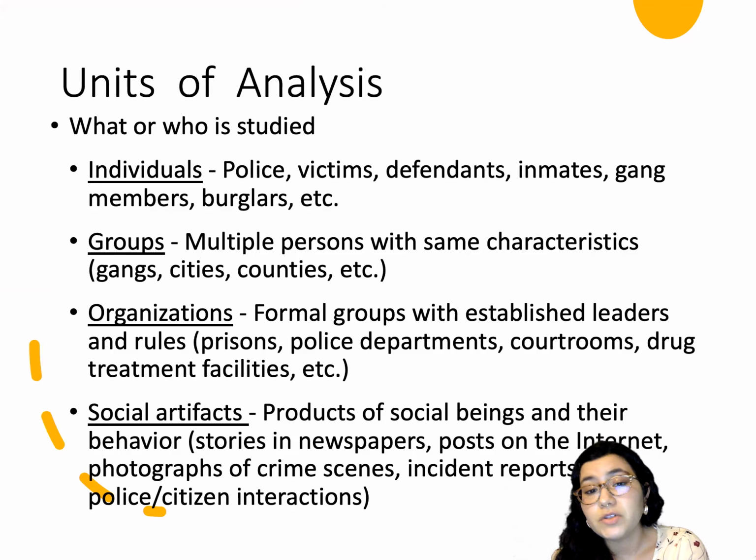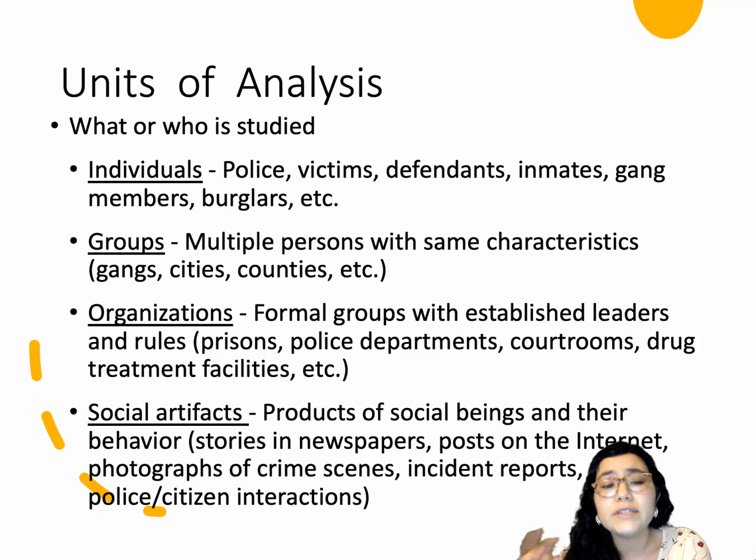Groups are multiple people with the same characteristics, and this includes counties, states, geographical locations as well. And so oftentimes in criminal justice, we are dealing with crime rates, which are attached to particular areas, groups. Organizations are also something we study.